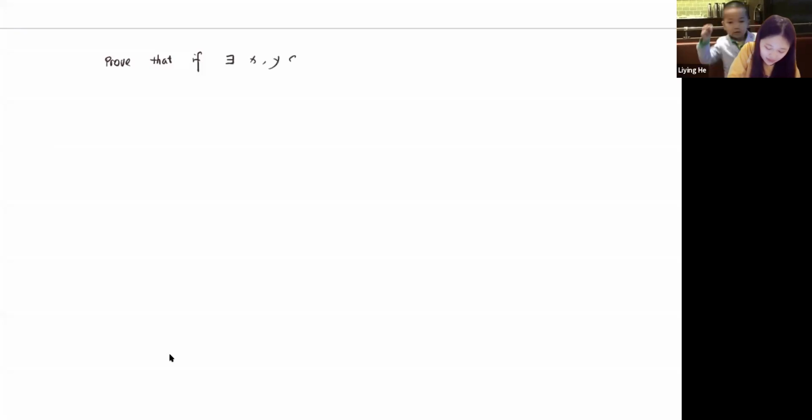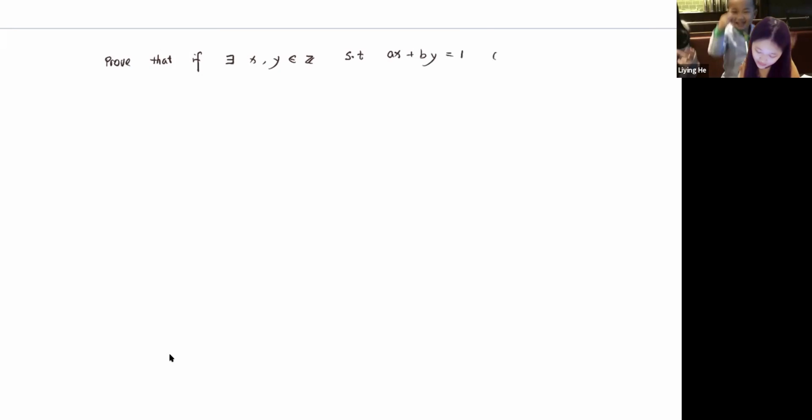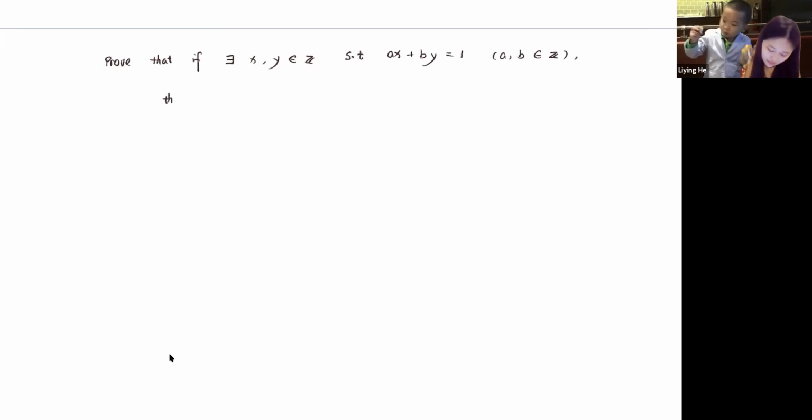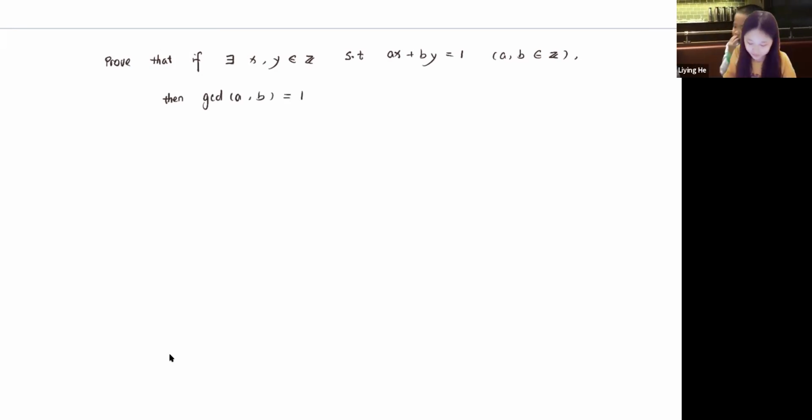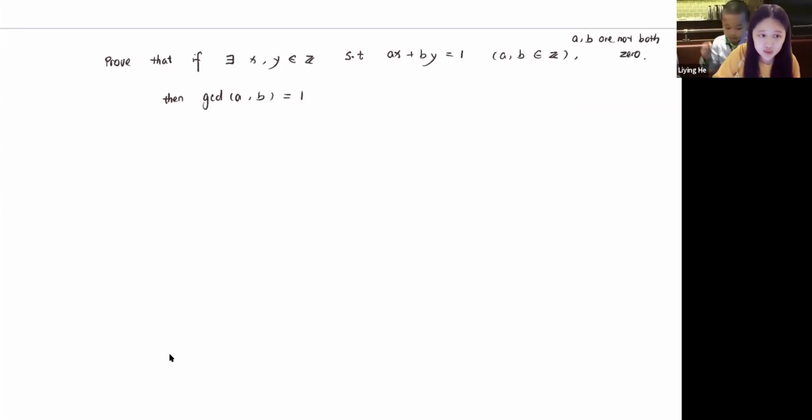Prove that if there exist x, y in the integers such that ax plus by equals 1, where a and b are integers as well and are not both 0, then GCD of a and b equals 1. Okay, try this question.